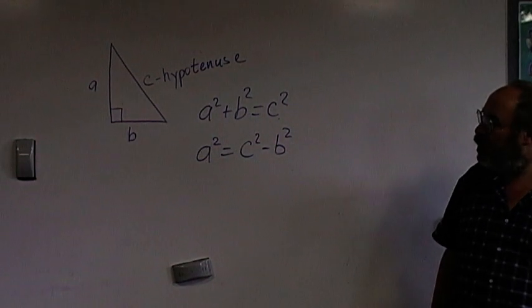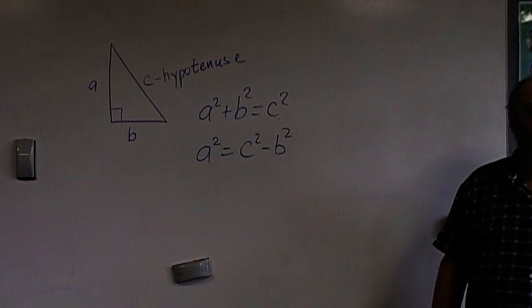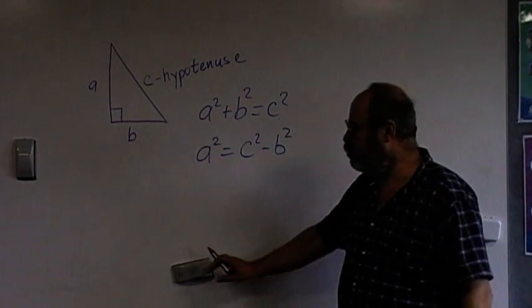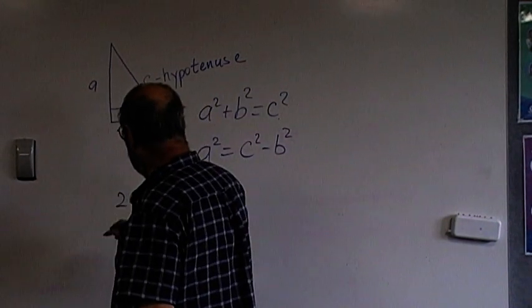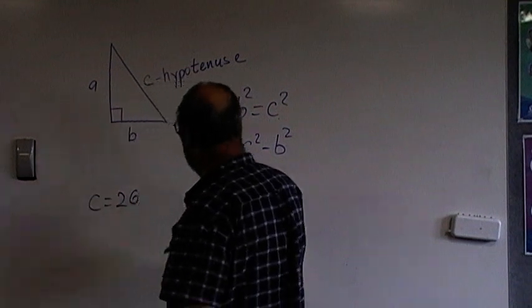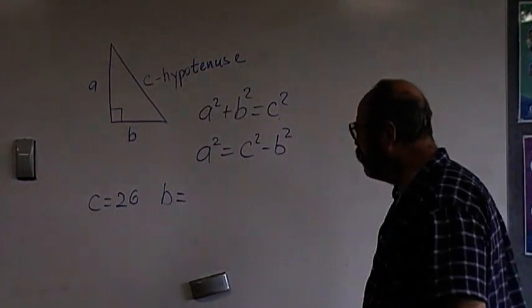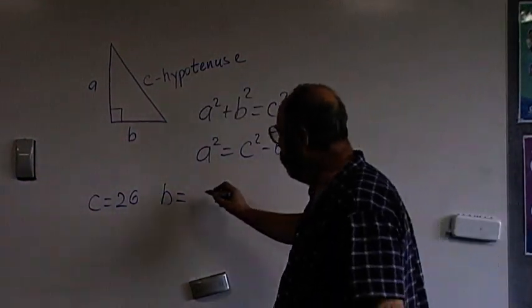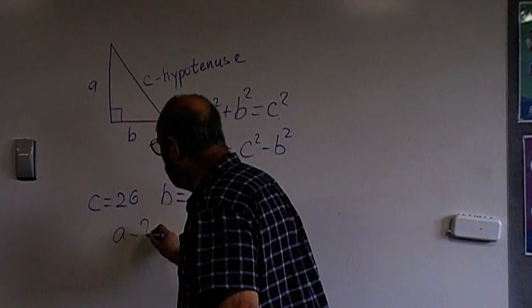So let's say we have that, we know the longest side is 26, and we have one shortest side, which is 10. What will be the other shortest side?